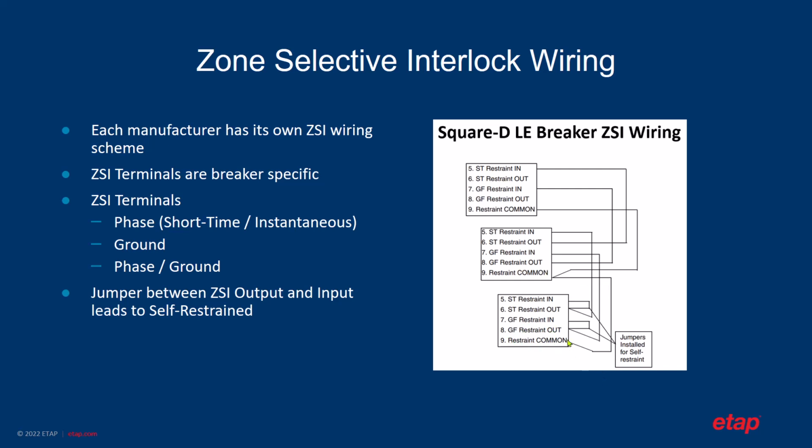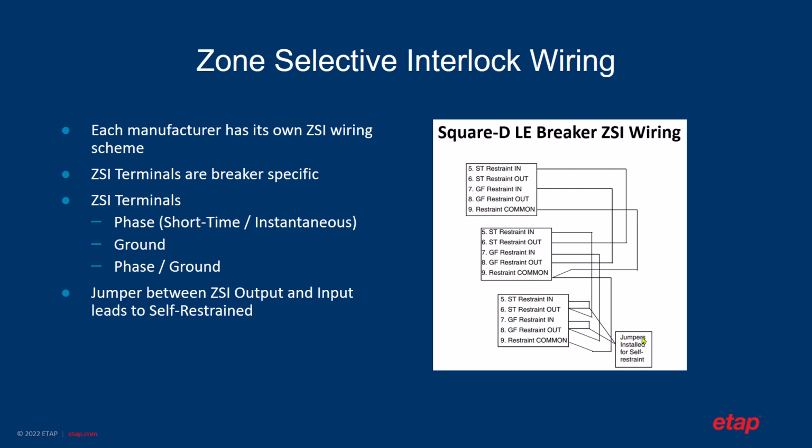The common terminals are connected together, and the restraint out terminals for short time and ground are connected to the restraint in terminals of the upstream breaker for short time and ground. That's how the upstream breaker can receive the restraint signals.